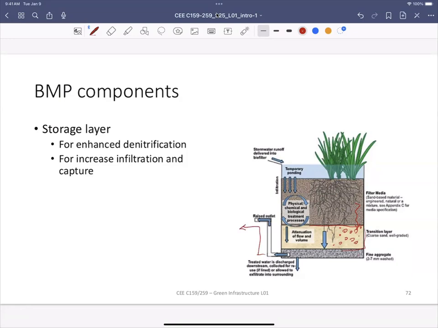If you have a raised outlet like this, water will always be ponded up to here, and because of that, you'll have more denitrification. Another benefit of a raised outlet is that when the water is ponded over here for a long time, it keeps the water in place for infiltration to occur for a long period of time. So having ponded layers helps increase infiltration and capture.